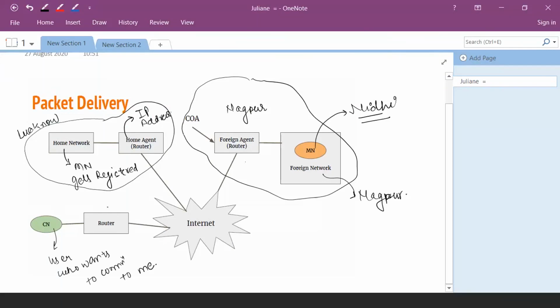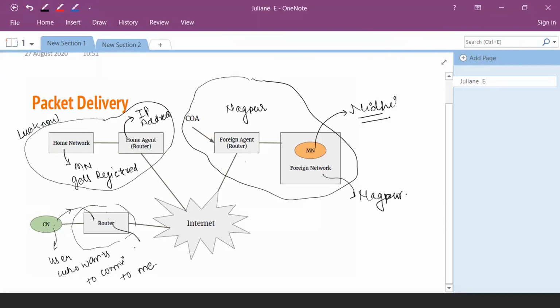And what is the router? It is the one which is responsible for forwarding the packets created by the correspondent node. So I do not know the correspondent's location. Whatever location the correspondent is residing in, it may be its home address or it may be a foreign address. That I don't know. But the thing I know is that the correspondent node is a user who wants to communicate with me, and it has to transfer the packet by using this router.